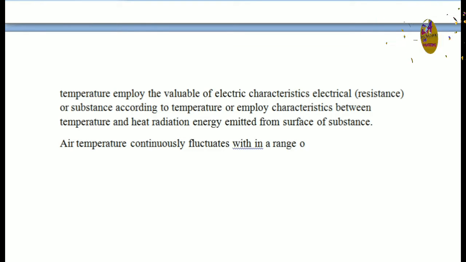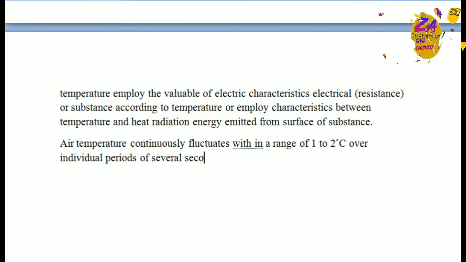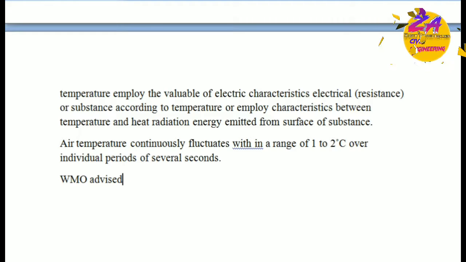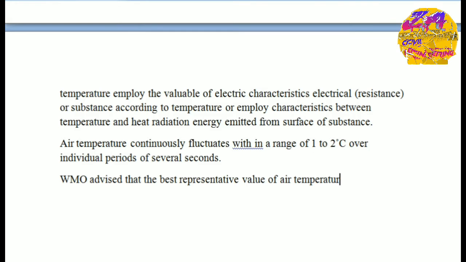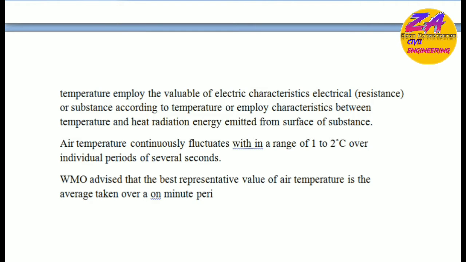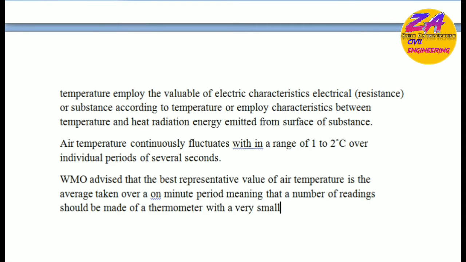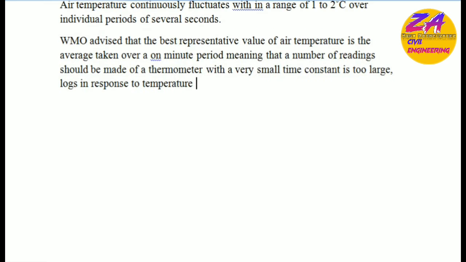Air temperature continuously fluctuates within a range of 1 to 2 degrees centigrade over individual periods of several seconds. WMO advised that the best representative value of air temperature is the average taken over one minute periods, meaning that a number of readings should be made with a thermometer with a very small time constant, as a large time constant is slow in response to temperature variations, which will cause error.